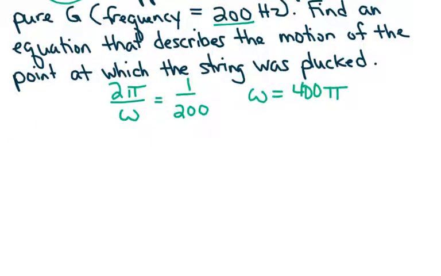So the equation is going to be y equals f of t equals g of t equals 0.5 e raised to the negative 1.4t.